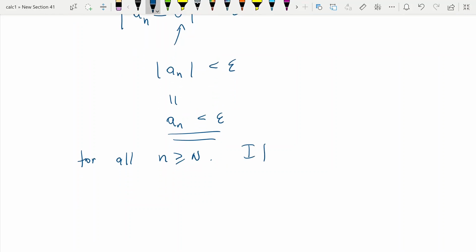Now, if we find just one n0 such that a sub n0 is less than epsilon, we are done. Why?